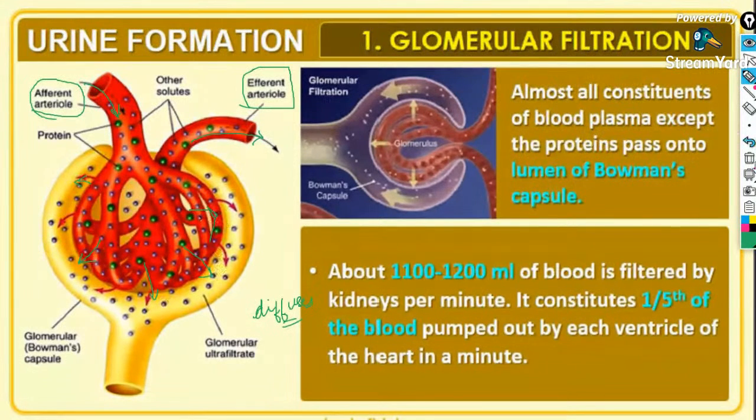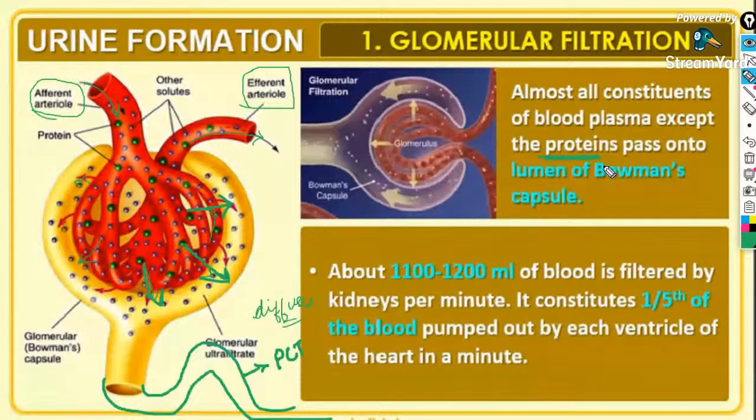You know that the Bowman's capsule extends as the proximal convoluted tubule, loop of Henle, and finally the distal convoluted tubule. Each part has a different function, right? All these materials enter the lumen of the Bowman's capsule by simple diffusion except the plasma proteins.